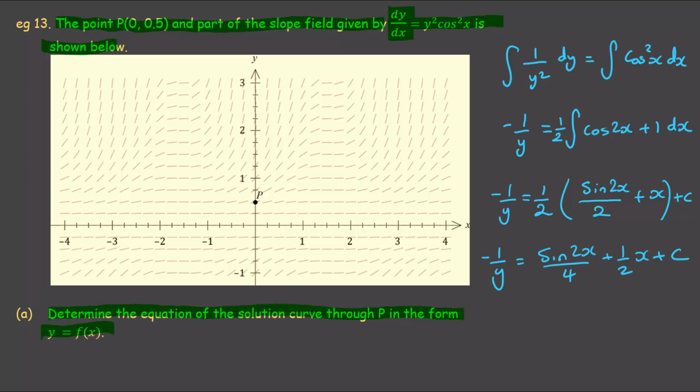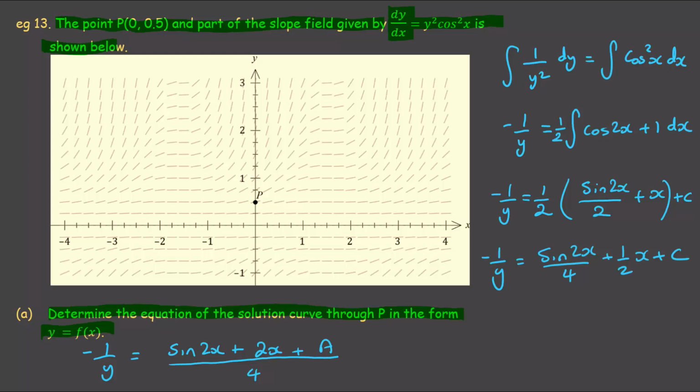So let's write that as negative 1 over y is equal to sine 2x plus 2x plus some new constant a, where a is equal to 4c. So we have 4c over 4, and we can put it on the top there and put that all over 4.